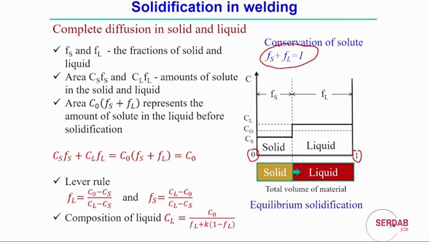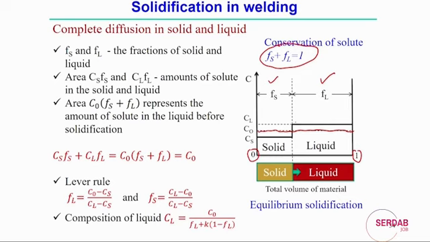So the total fraction should be 1. Graphically, at any point, this part is the liquid fraction, this is the solid fraction, and C0 is the initial composition of the solute.